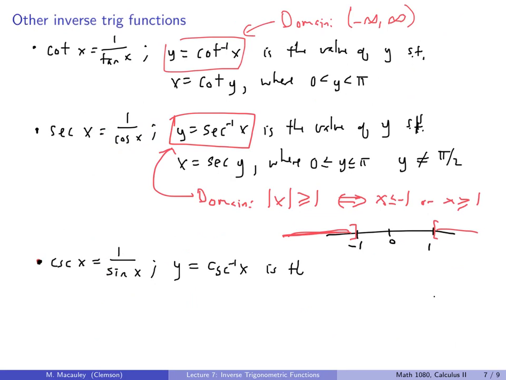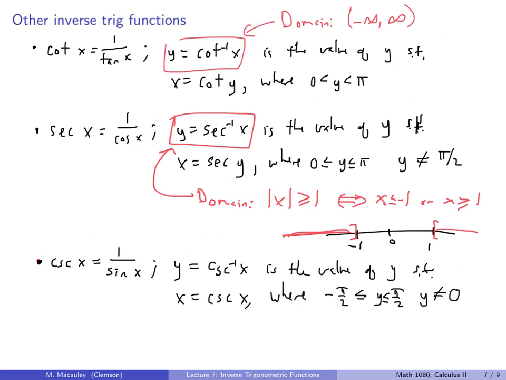This is the value of y such that x equals cosecant of y, where y is now between -pi/2 and pi/2, and now y cannot be equal to 0 because that would mean we would divide by 0.